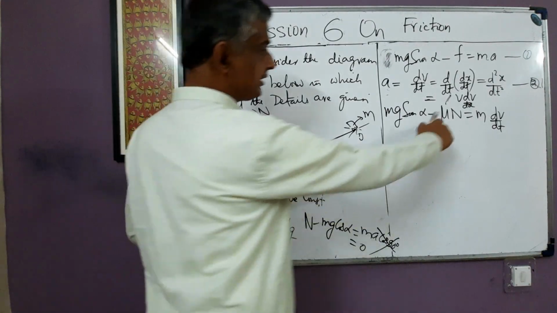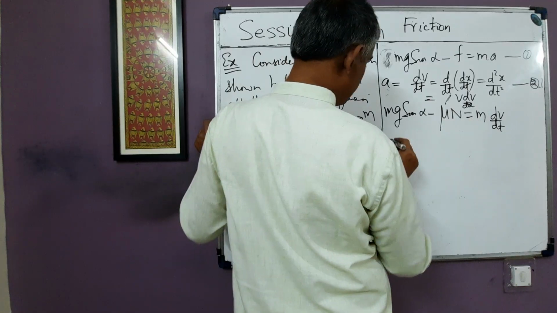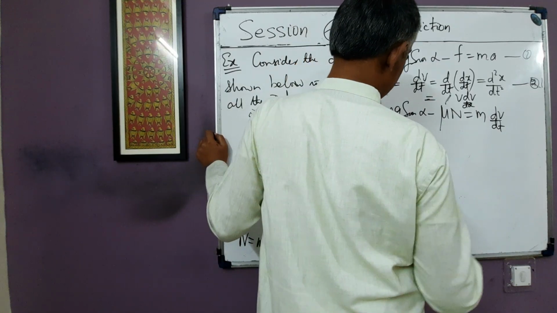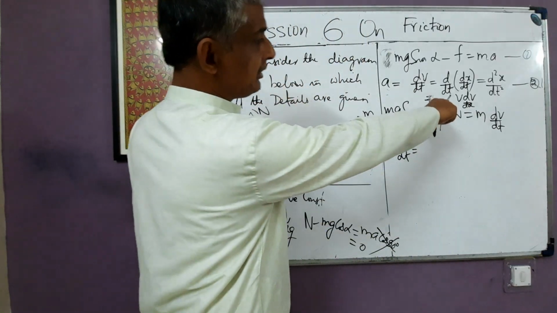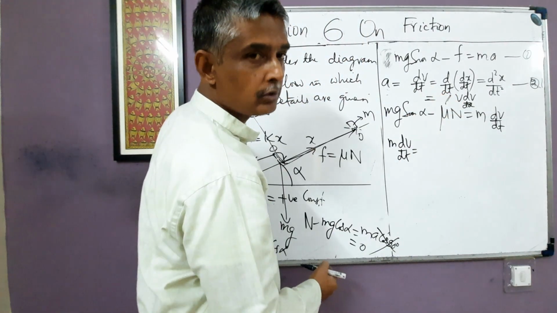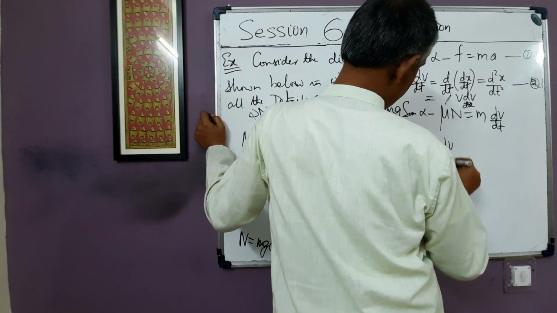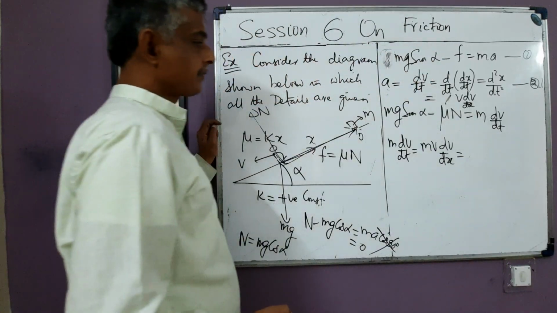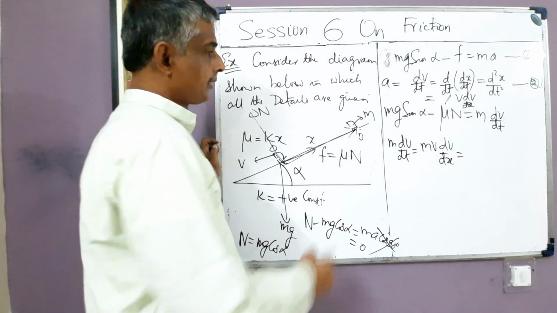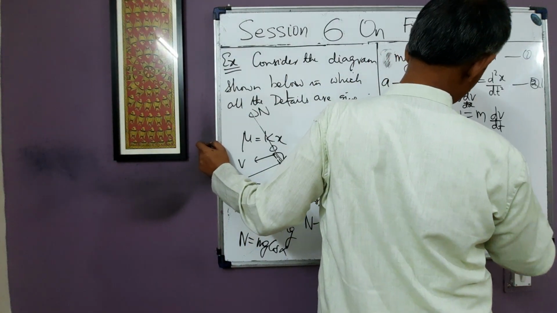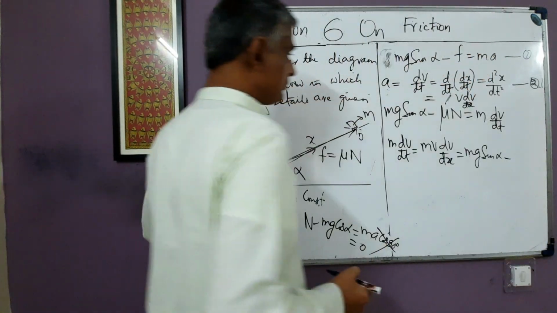I substitute this N here. So what do I get? m times dv by dt, and dv by dt can be written as v dv by dx, as I stated just now, chain rule of calculus. So mv dv by dx is equal to mg sin alpha minus mu mg cos alpha.